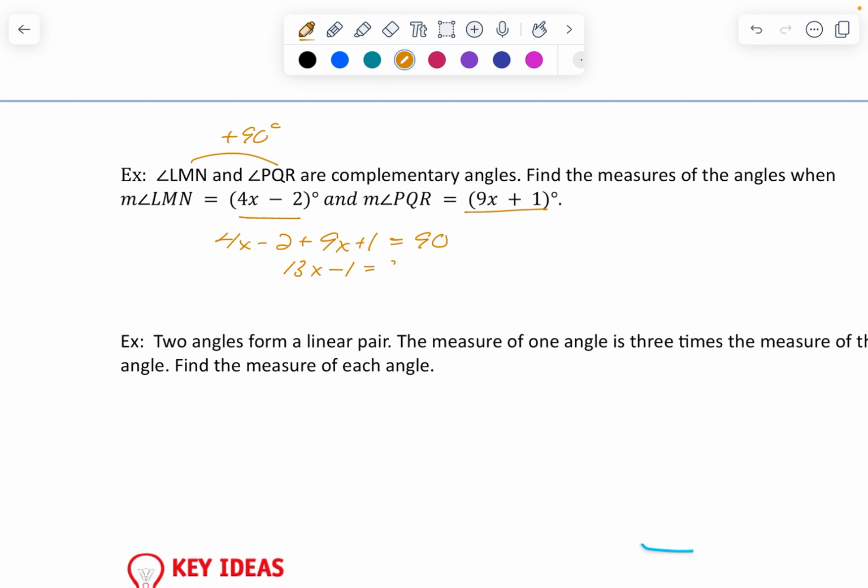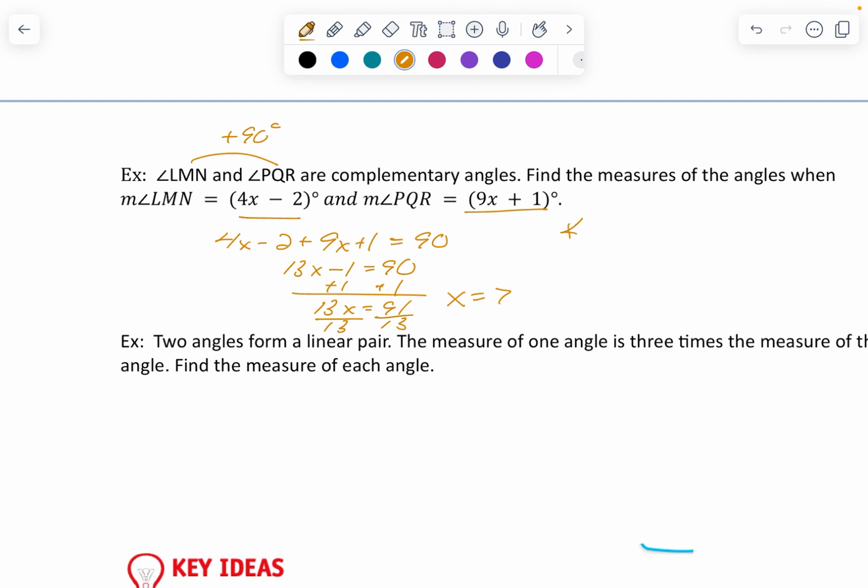13x minus 1 equals 90, plus 1 plus 1. 13x equals 91. And let's see, 91 divided by 13, 7. Okay, so x equals 7. Oh, find the measures of the angles. I take that back.